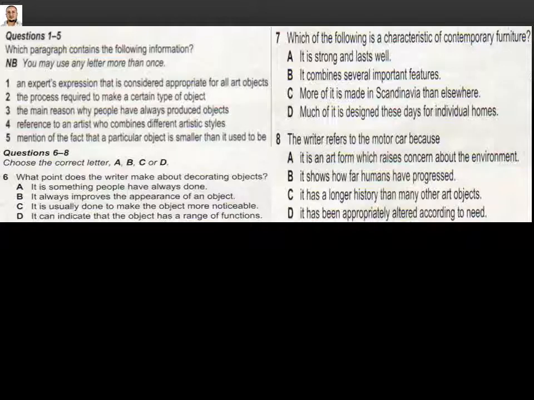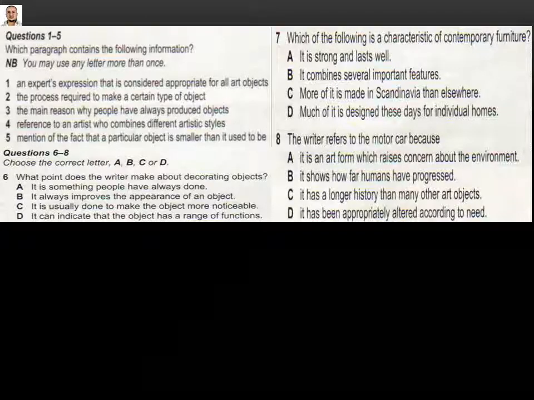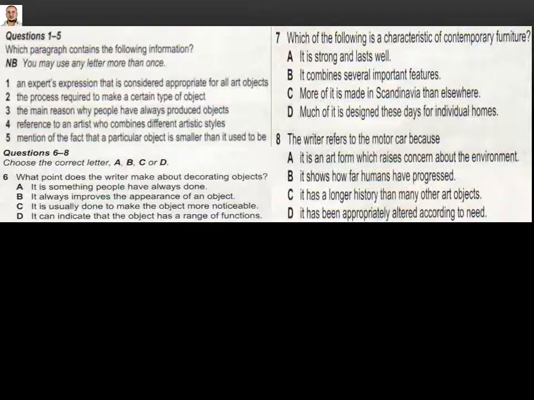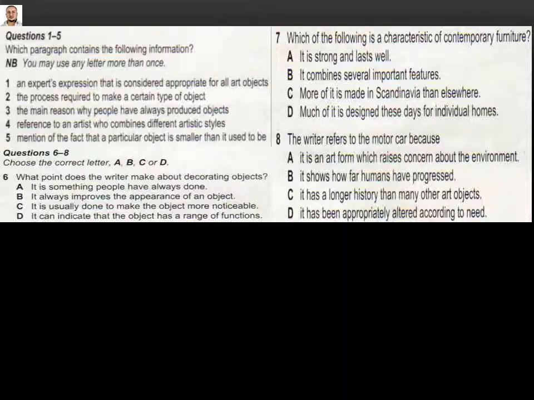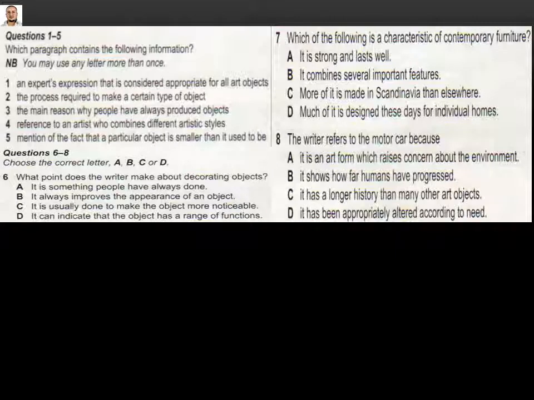7, which of the following is a characteristic of contemporary furniture? A, it is strong and lasts well. B, it combines several important features. C, more if it is made in Scandinavia than elsewhere.